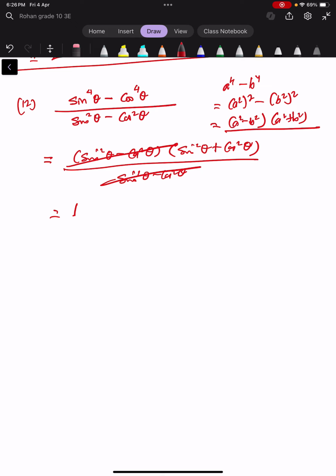So you do a squared squared minus b squared squared. This will cancel off. So you get sin squared plus cos squared, which is 1. That one's a bit weird, but it still makes sense.